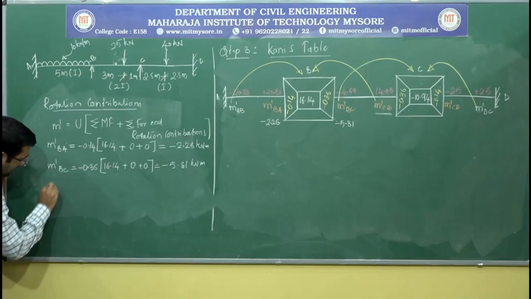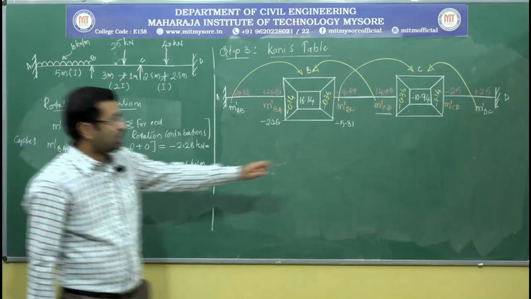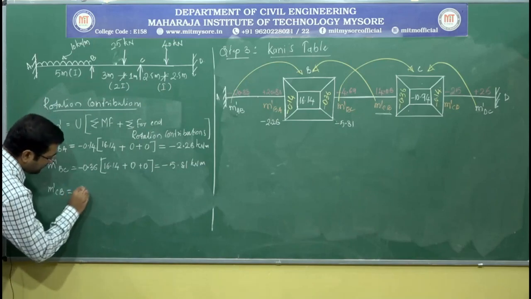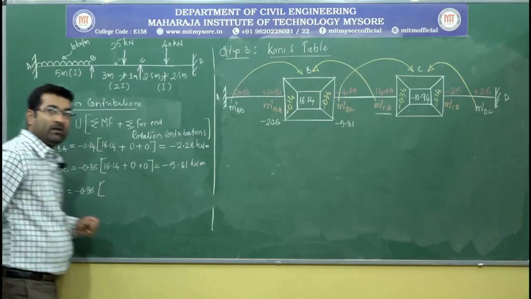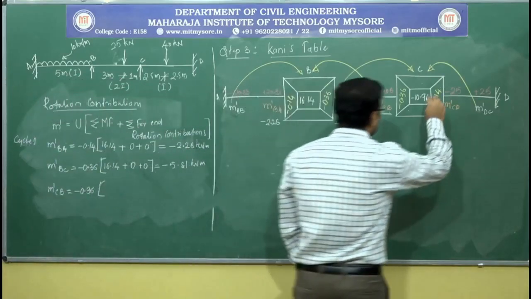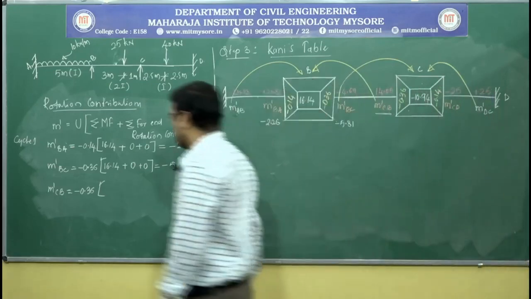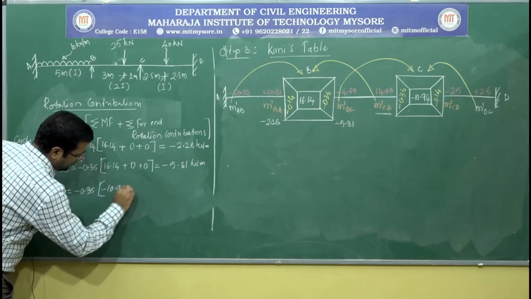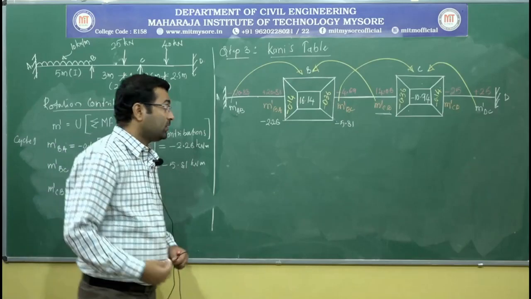Now M dash CB. So M dash CB, again I will use the same formula, that is rotation contribution. The rotation factor for CB member is minus 0.36 into the algebraic sum of fixed end moments. So the algebraic sum of fixed end moments at joint C is minus 10.94 plus the far end rotation contributions.